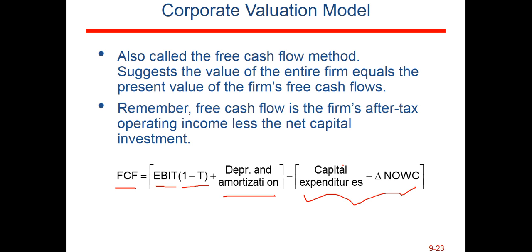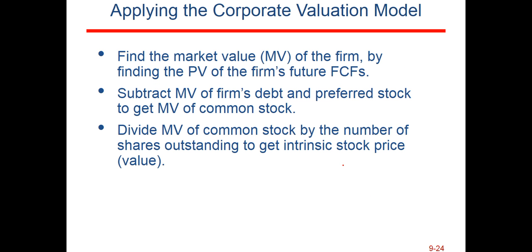So this is the cash flow that you are investing into a firm. And what you are finding is the market value of the firm. If you subtract from the market value the debt of the firm, and if there's preferred stock, you subtract that, then you find the market value of the common stock. This is another way to calculate. This is an alternative to the dividend discount model that we discussed.